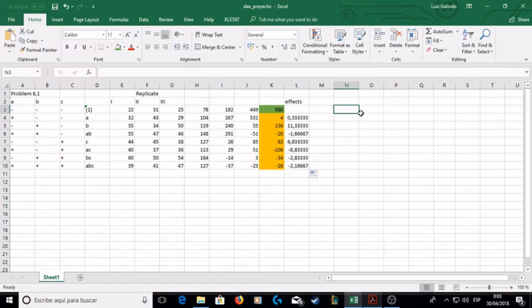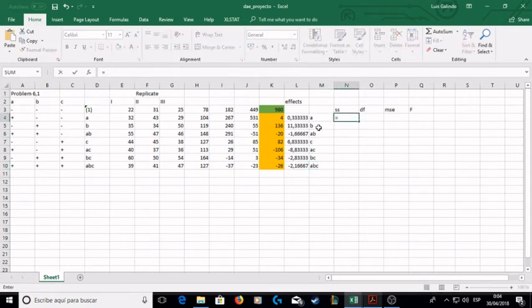So ANOVA: sum of squares, degrees of freedom, MSE, Fisher. This is A, B, AB, C, AC, BC, ABC. Sum of squares.